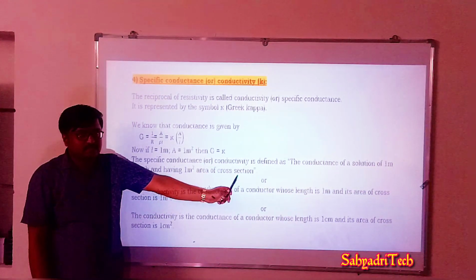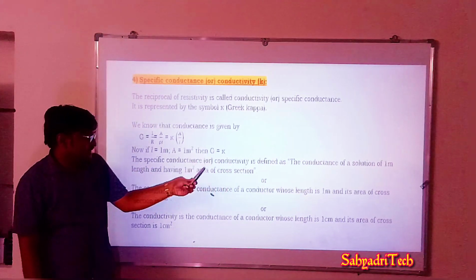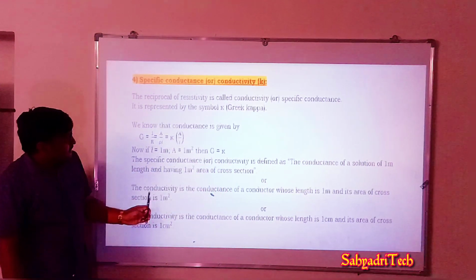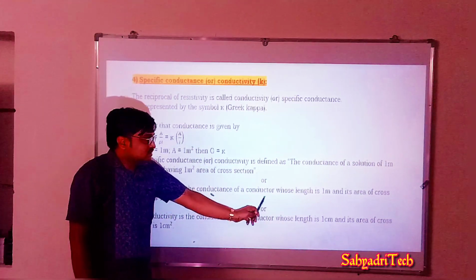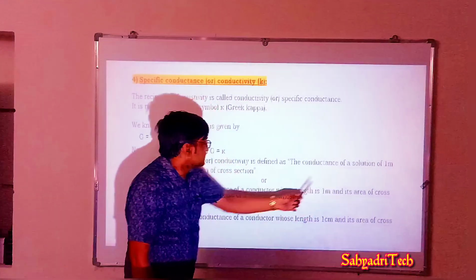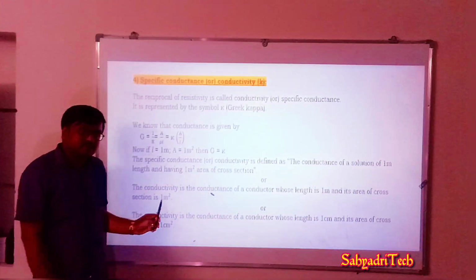As with specific resistance, here it is specific conductance. Or another way, the conductivity is the conductance of a conductor whose length is 1 meter and its area of cross section is 1 meter square.